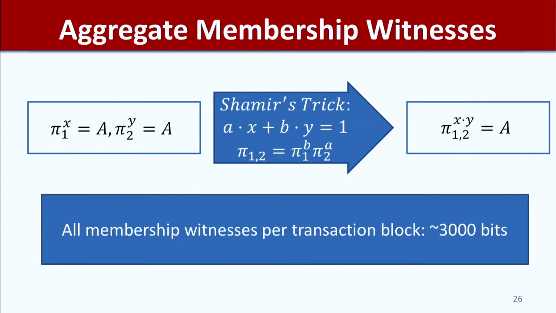And that proves the validity of all the unspent transaction outputs that your transaction is referencing. You can think of it as all the records that are being consumed by the transaction. You have a very short proof that they're all valid.